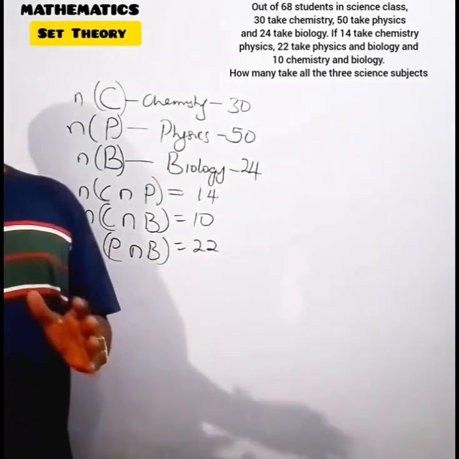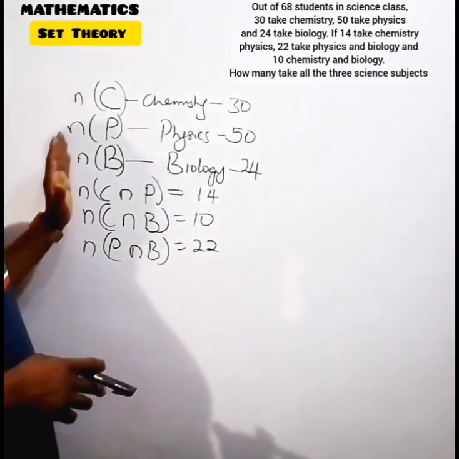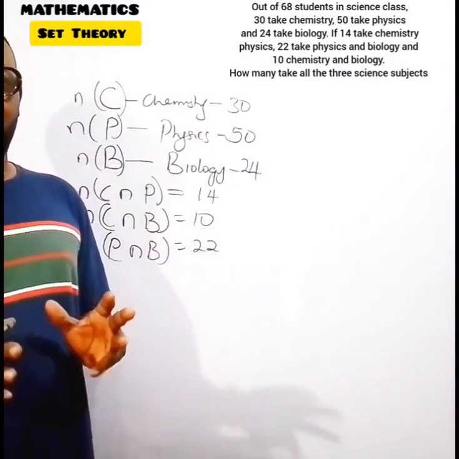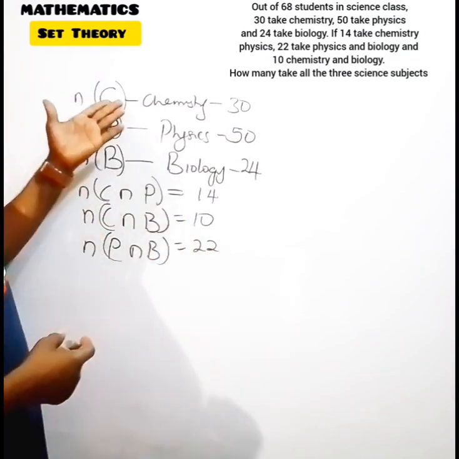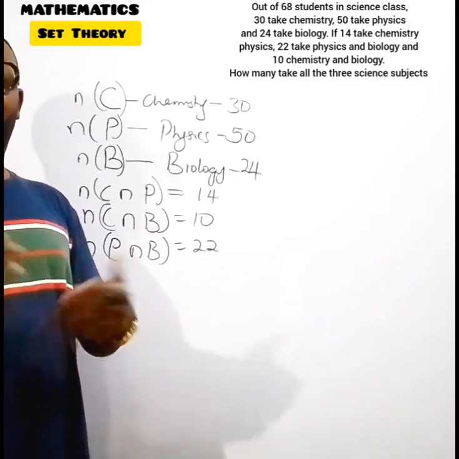Now, from the question given to us, we can see that we only have these three subjects in that science class, and each of those students is taking any of these three. Some of them take more than one, some of them take all the three.